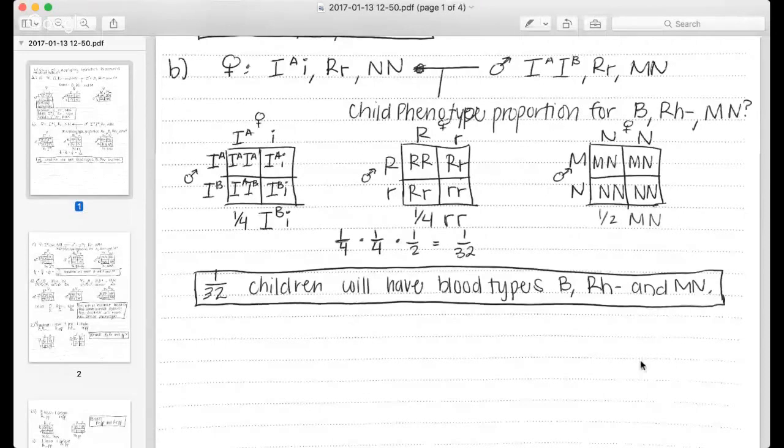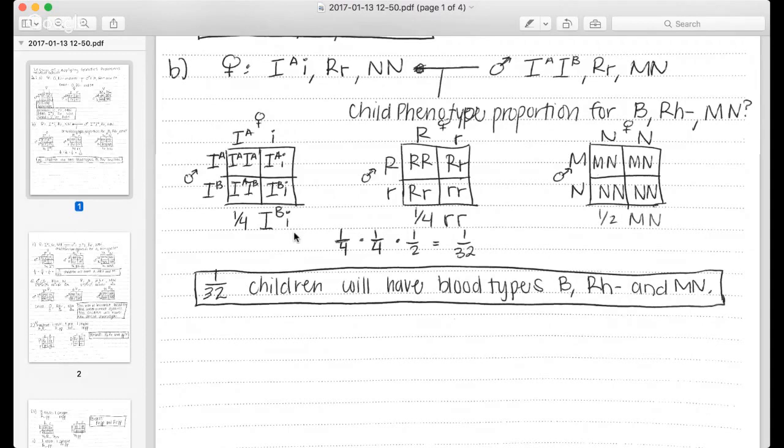On the math, 1/4 of them are going to even have the B i trait, so 1/4 across 3/4. That's what I did there.